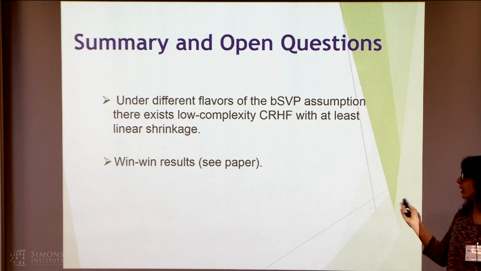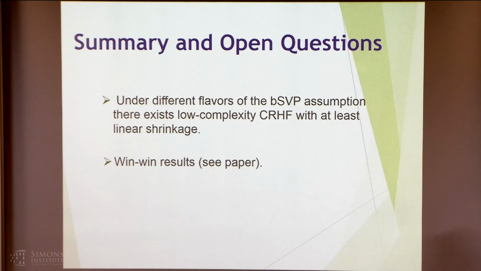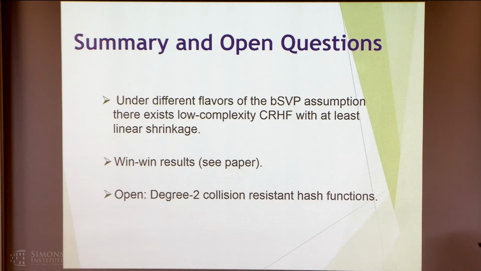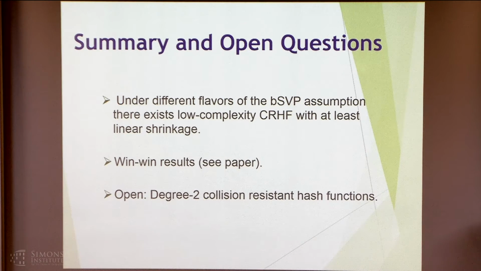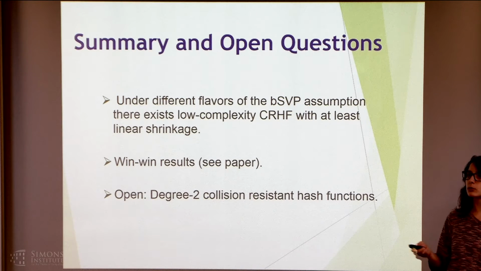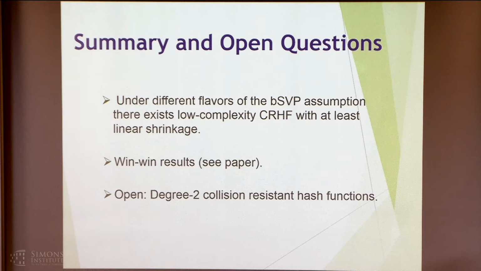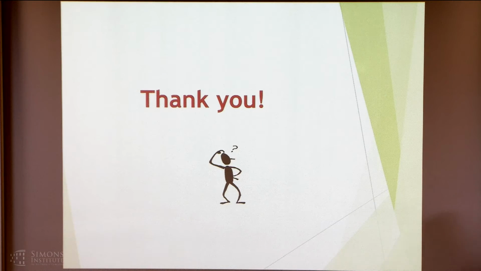We also show in the paper a win-win result, showing that breaking our construction will have useful consequences in learning algorithms and data structures. And the main open question is, does there exist a degree 2 collision-resistant hash function? We also relate this question to the existence of degree 2 randomized encoding and degree 2 statistically hiding commitment. Thank you.